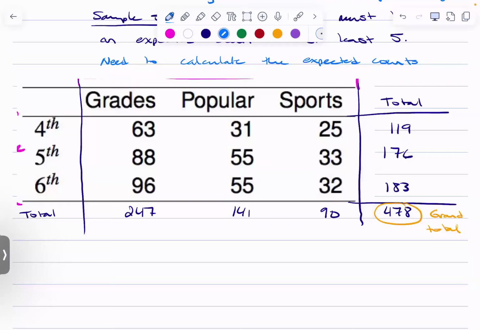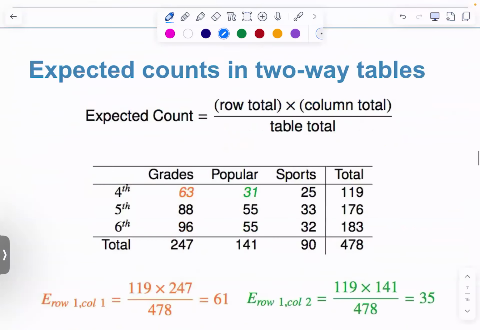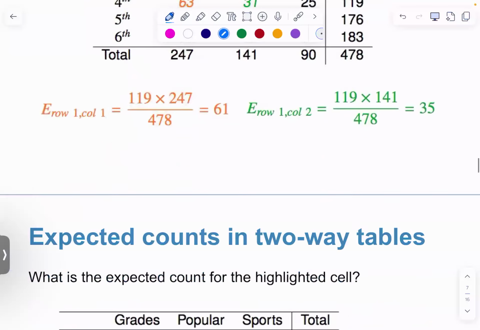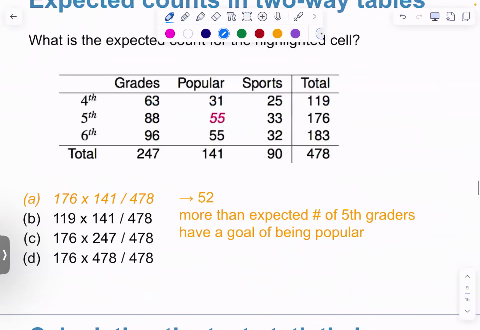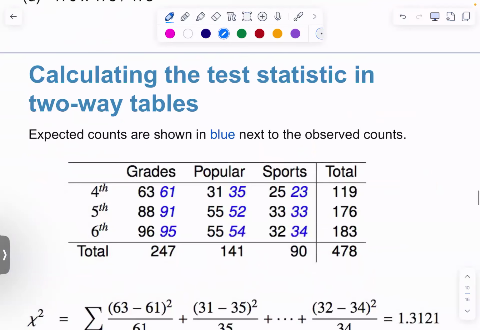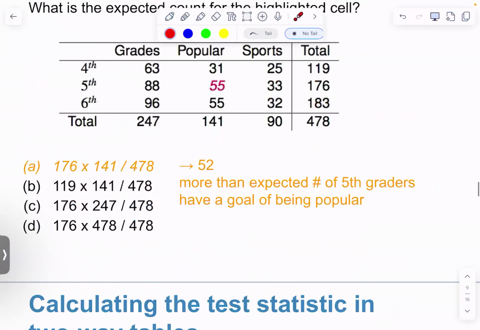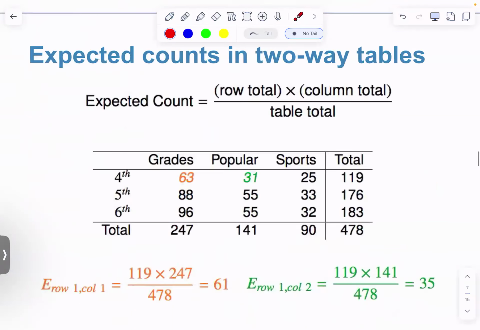I'll show the work for the first couple of expected counts, and then I think we'll trust what they tell us. They have done it all, and we'll just go ahead and use that. But I just want to show you a couple before we do.